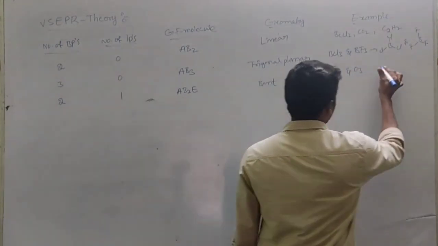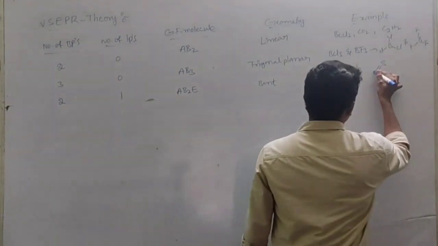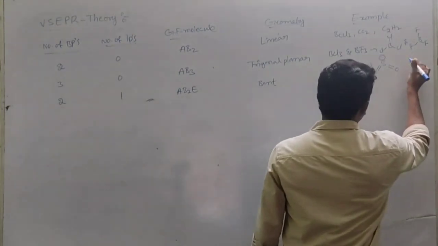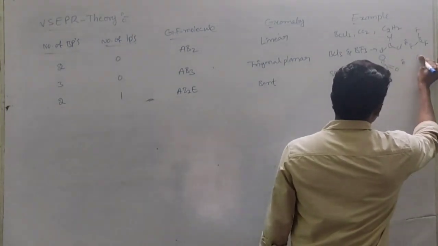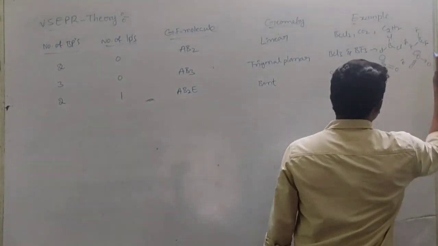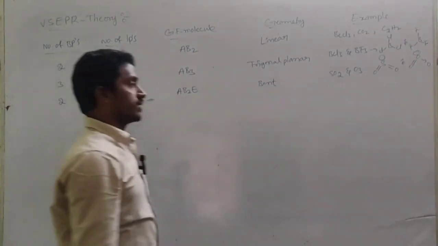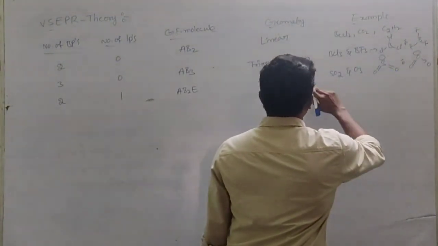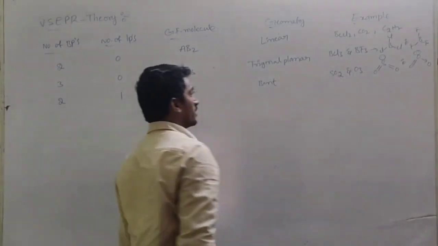So SO2 and ozone also possess same geometry. So this is the structure of the SO2 and O3. This structure is called as bent shape.